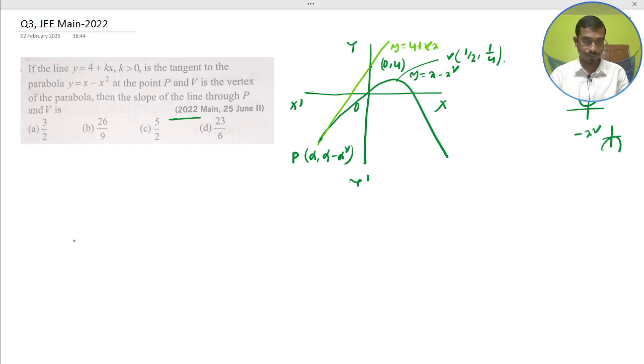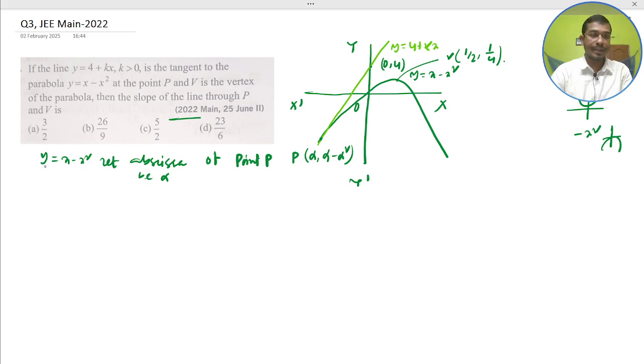So y equal to given x minus x square. So alpha should satisfy this equation. So y equal to alpha minus alpha square.